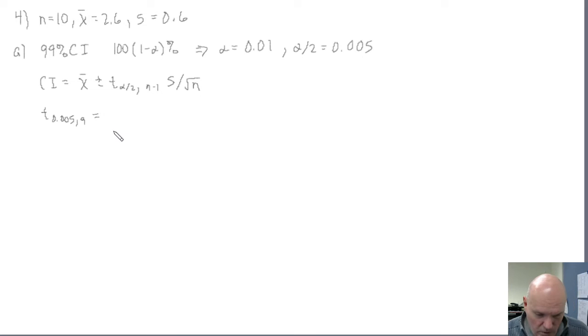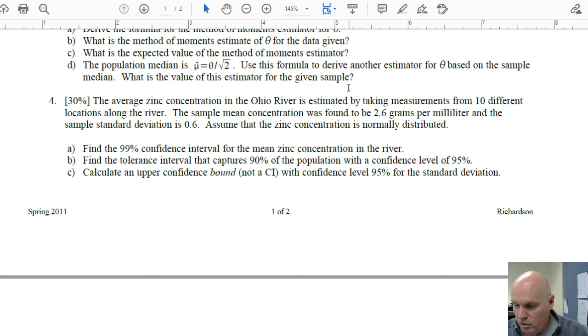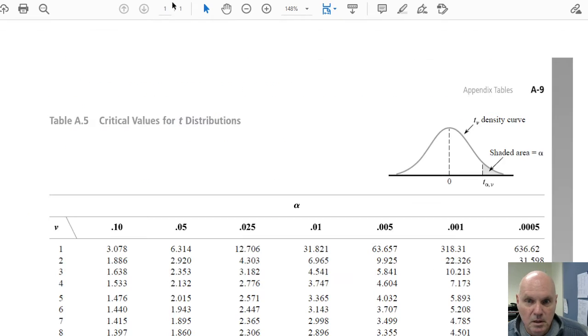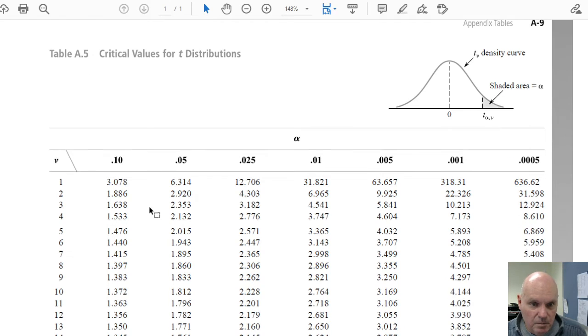And we looked that up. We're going to look in table A.5 for that. So let me see if I can switch over and pull up that table really quickly. Table A.5, our new parameter here is 9.